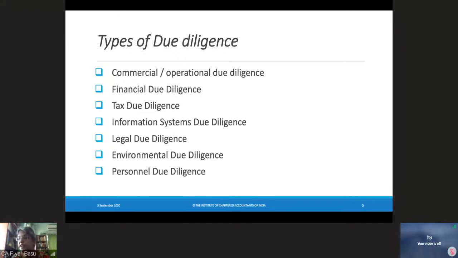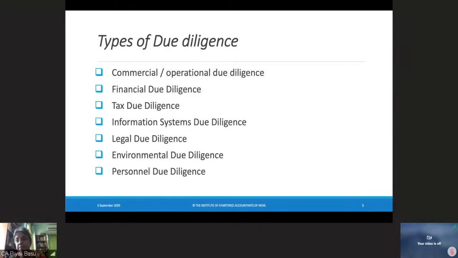That's the tax part of it, that we will look into the various taxation part of it, and a little more the information systems due diligence, looking into the information technology, because as I said, almost all companies are using information technology for their business processes, and we need to see what is the status, because one has to remember that there is also an involvement of capital expenditure and revenue expenditure.